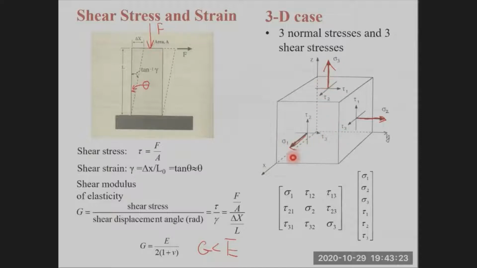We can say they are perpendicular to the cubic surfaces. And there are also 3 shear stresses: tau 1, tau 2, and tau 3. They are parallel to the cubic surfaces. So in total, 3 normal stresses and 3 shear stresses.